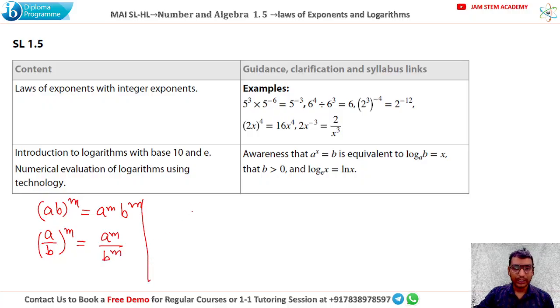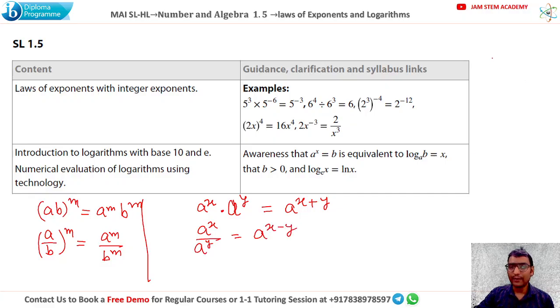After that, if you have a^x multiplied by a^y, the base is the same, so you can rewrite it as a^(x+y), correct? If the bases are the same, powers get added if they are in multiplication, and if they are in division, then with the same base it makes it a^(x−y).